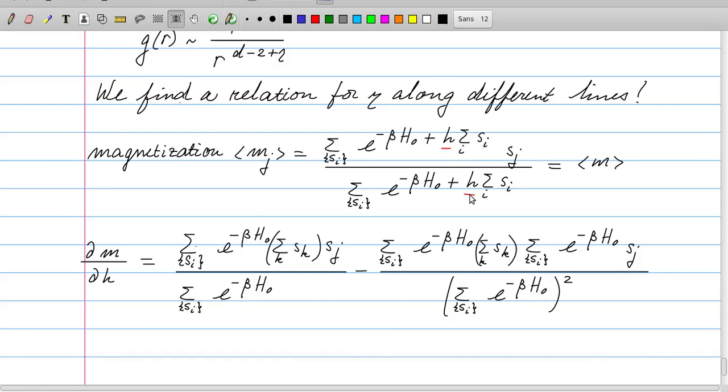Then if we take this one, which is in the denominator, we get obviously minus 1 over the denominator squared, and then we get the same term, but then with the sum over k of s_k on the bottom here, and that's multiplied by this term here, and we have set now the magnetic field equal to 0, so that has disappeared from the exponents. And if we consider these expressions, we see what they reduce to.